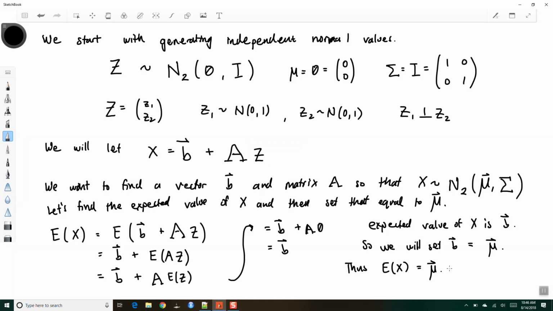All right, okay, and so now we'll do the same thing, but this time for the covariance. And what we want is the covariance matrix of X to equal, whatever we find that to be, we'll set that equal to sigma. Okay.